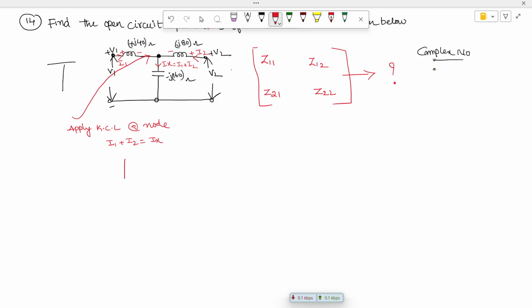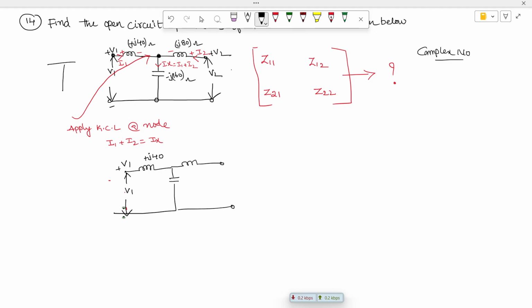So I'm going to redraw the network. If you take it as an AC supply, no issue, or a DC supply, also no issue. This is V1 with an inductance in ohms, which is plus J40, with a capacitance, and once again with an inductance.